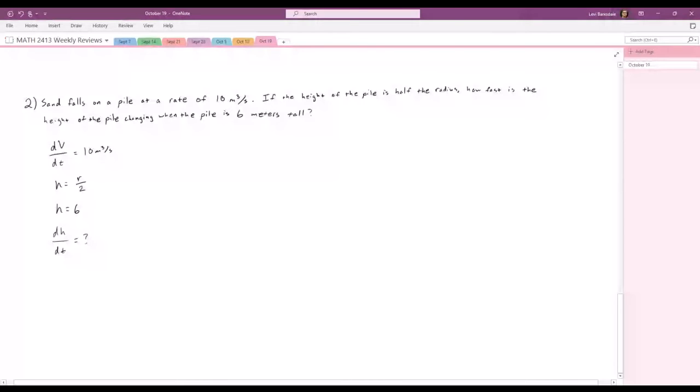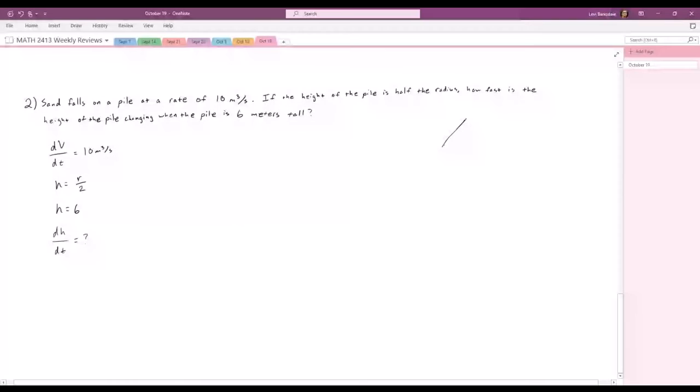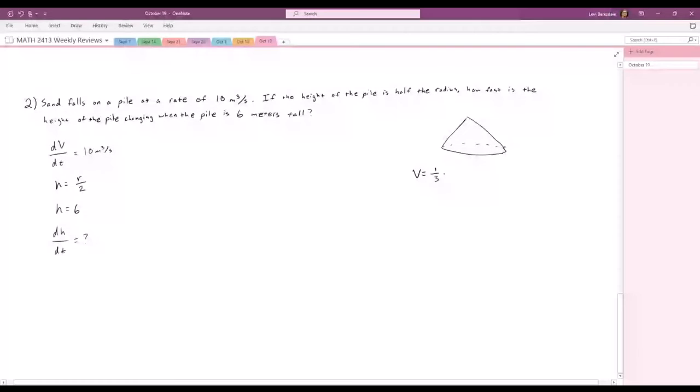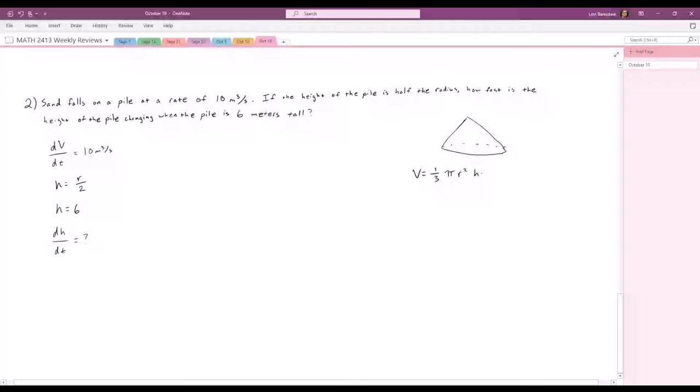Because this is a pile, we can know that this should be the shape of a cone, because that's the shape that sand falling on a pile makes. I probably should have stated that more explicitly, but we have a cone. We know the volume of a cone is 1/3 times pi times the radius squared times the height. In this case, we're lucky enough to already have a relationship between radius and height.